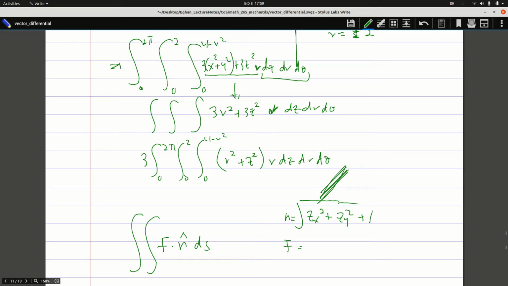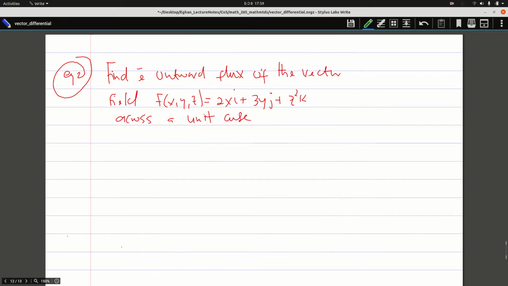That's your divergence theorem. If I move to a second example, it says we want to find the outward flux of a vector field. So I see a vector field, fine. I see a flux. Then divergence theorem comes to mind. It's over a unit cube. Cube is a 3D object, so I have my 3D in mind.